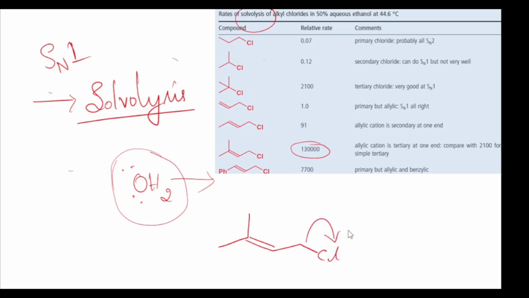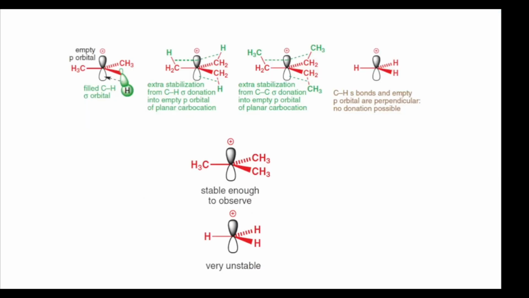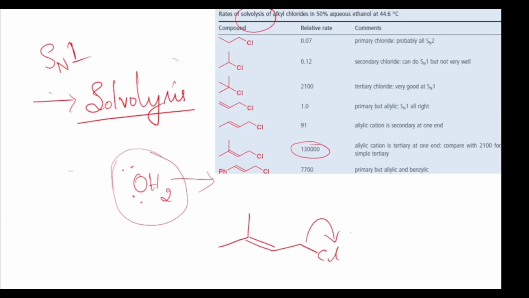Now if this chlorine leaves, then I can write that particular carbocation over here like this. Here we are getting the positive charge. Now what can happen? This pi bond can shift like this.